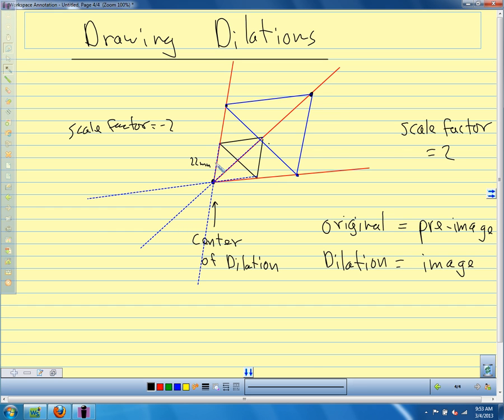So my dilation with a scale factor of 1/2 would shrink the lengths by 1/2. And if my scale factor were negative, I would measure this distance, and then I would draw my image over here on this side, the opposite way from my original.